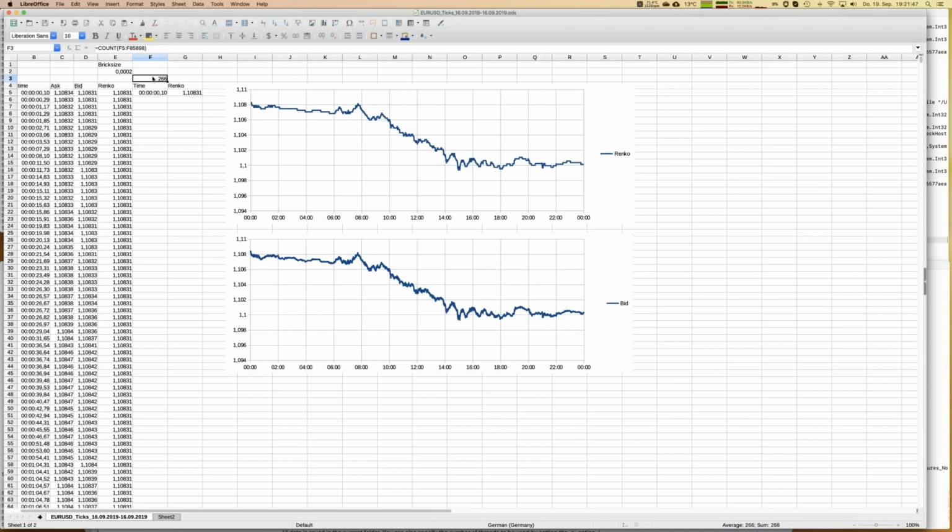And with a brick size of 2 bips, we can reduce the number of data to 266. That's good to know that we have a quite huge compression here as well. So that's another interesting thing about Renko charts, but same is true for candlestick charts as well, because we can use that as a reduction of data.